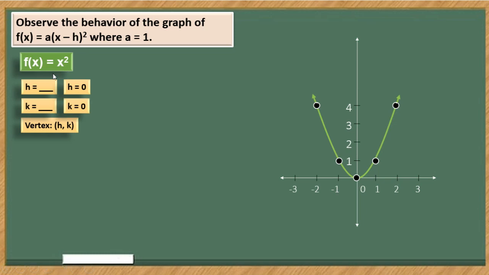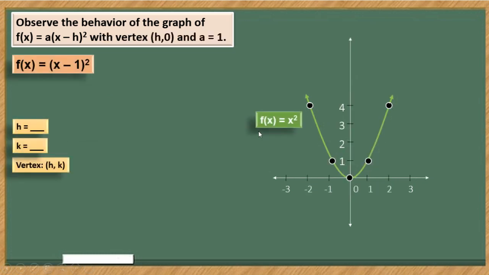Now, what is its vertex? Its vertex is at the origin with coordinates 0 and 0. Okay, so we have here this graph. Again, let's consider this as our reference function and this as our reference graph.